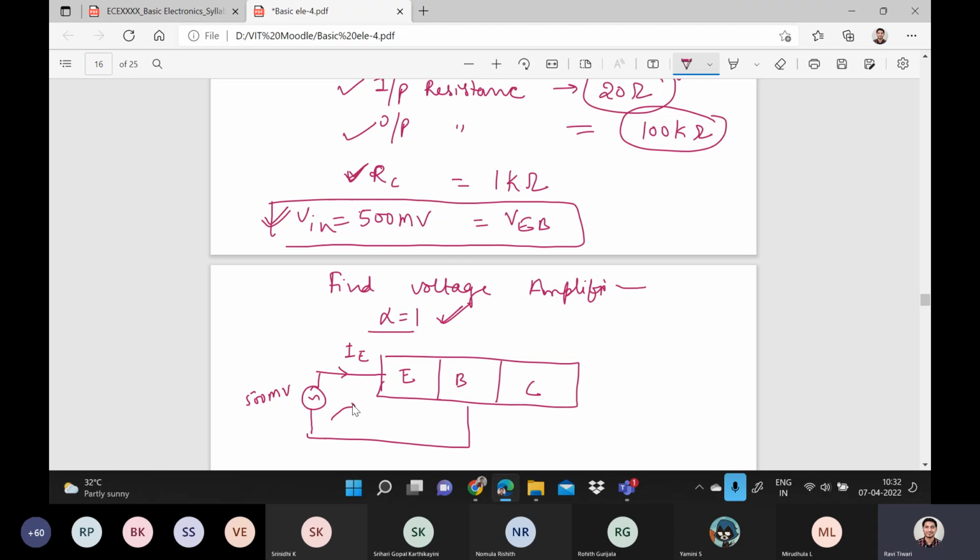They said that the input resistance is 20 ohms. And this is the IB current. And this is the RC, that is the collector resistance, which is 1 kilo ohm. And IC is coming like this. And they said that the output resistance, R out, is 100 kilo ohm.